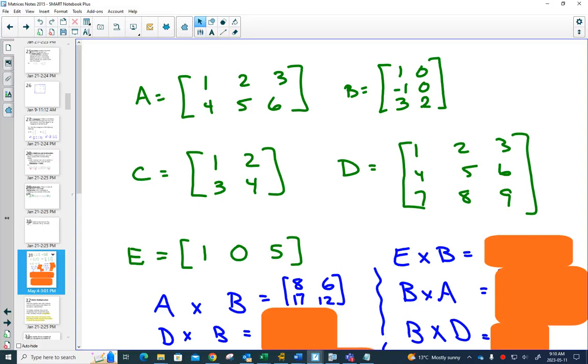How do I know that even though I could do A times B, and I can do B times A, I can't do B times D, even though I could do B times B? That's weird. D times B exists, but B times D is not possible. What?